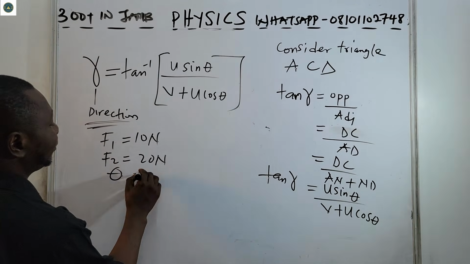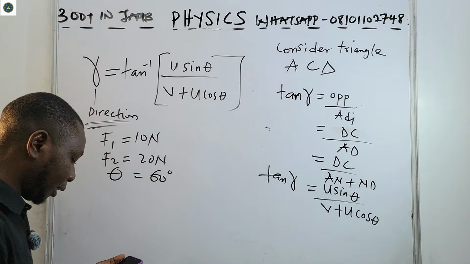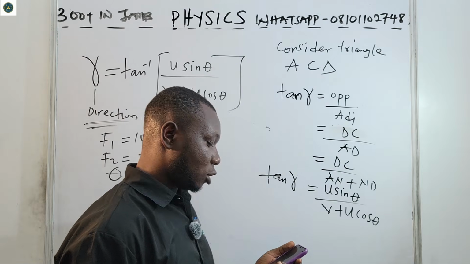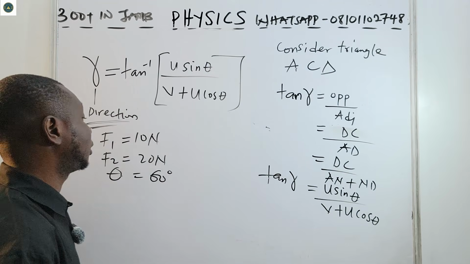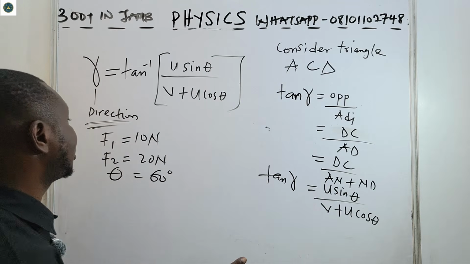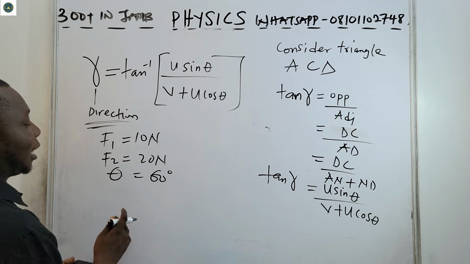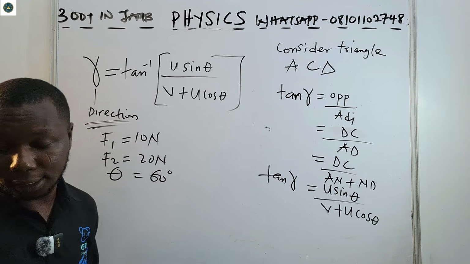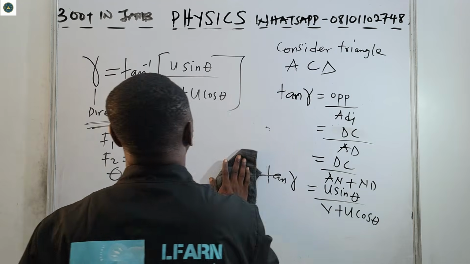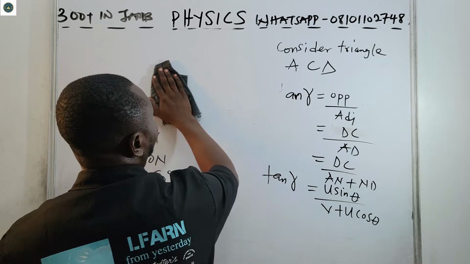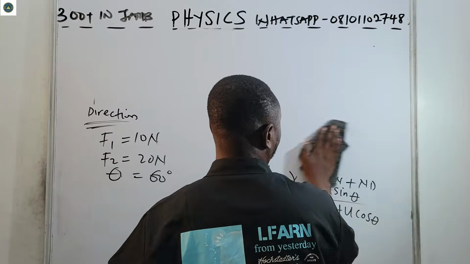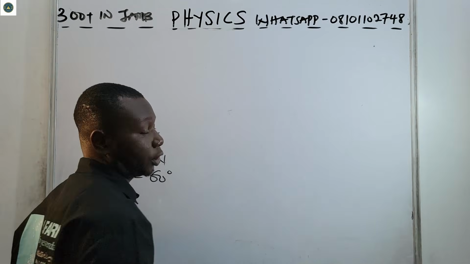That means theta is 60 degrees. Find the resultant. So let's see the free body diagram of the two bodies.